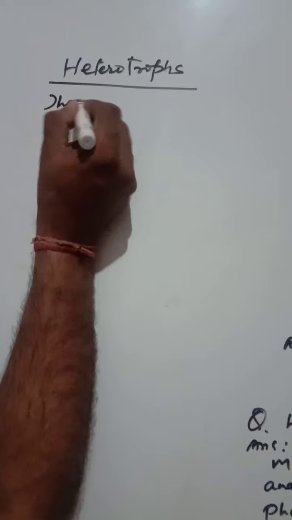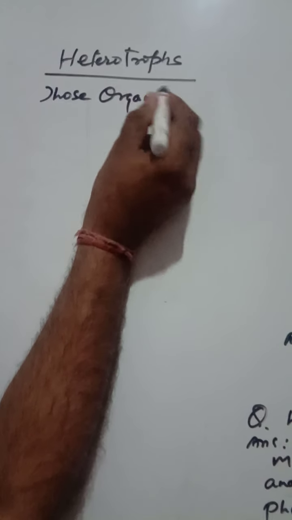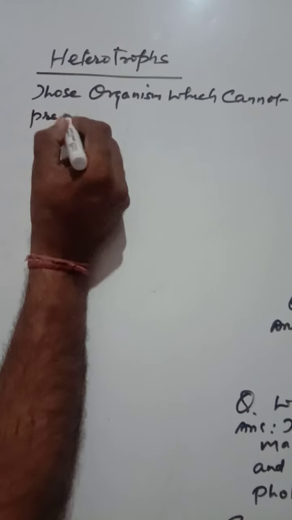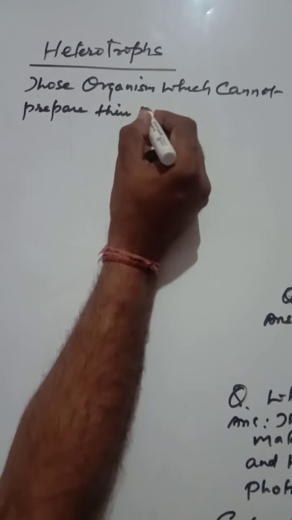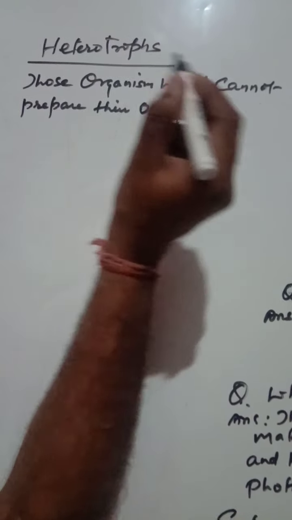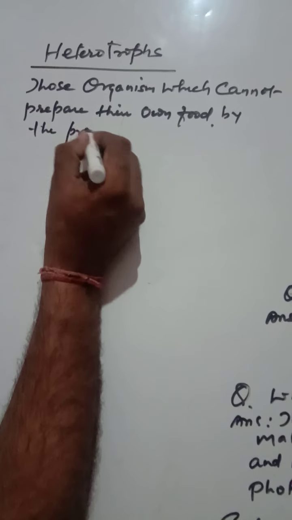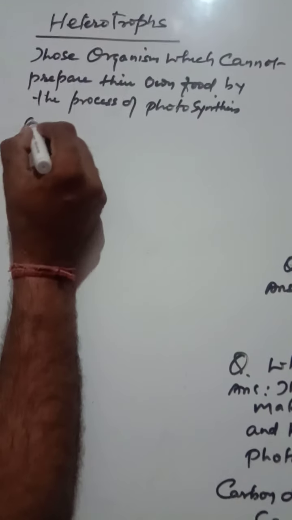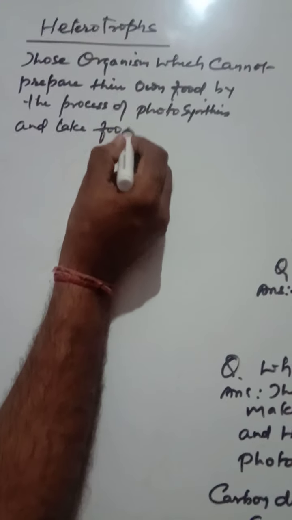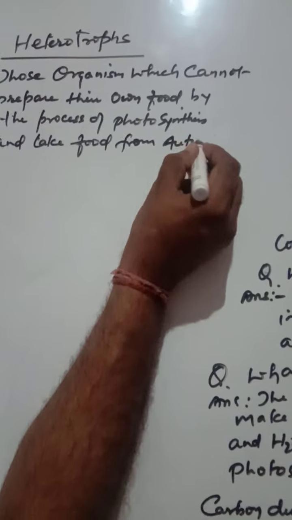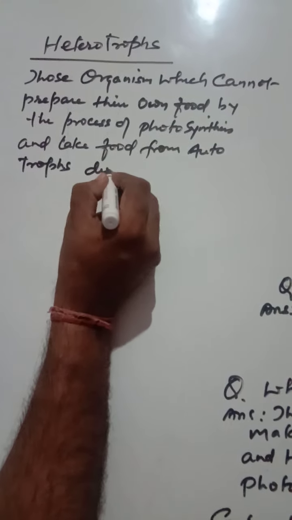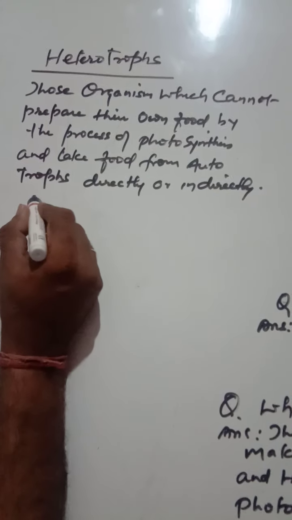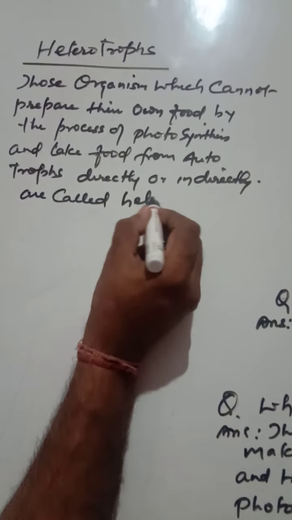Those organisms which can't prepare their own food by the process of photosynthesis and take food from autotrophs directly or indirectly are called heterotrophs.